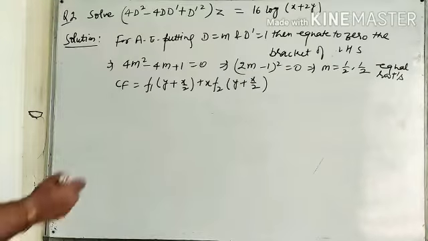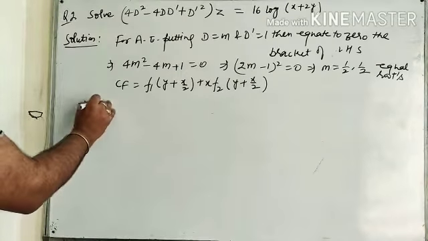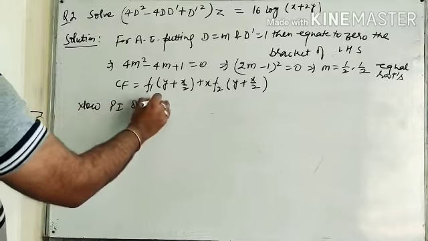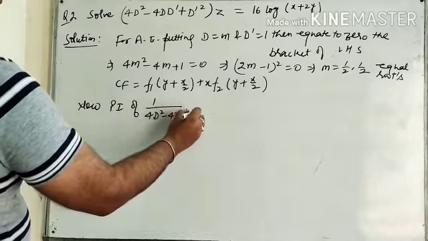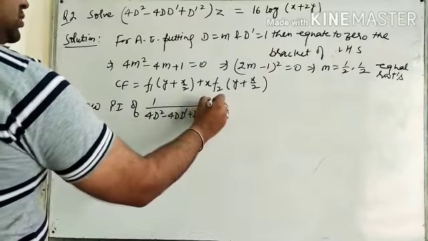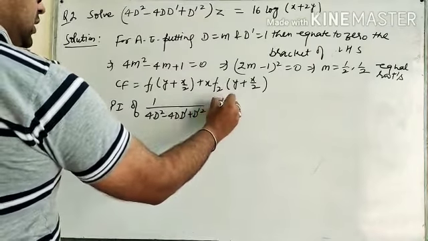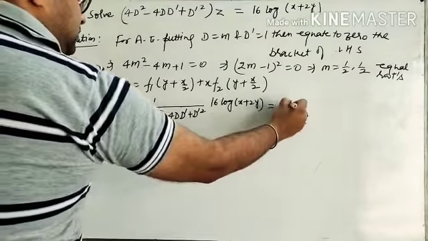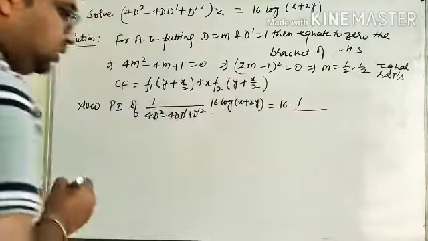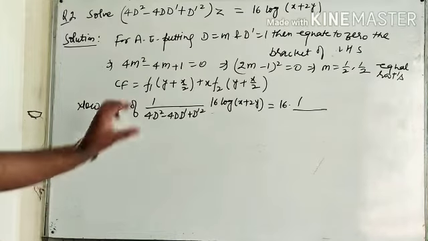Now PI equals 1 upon (4D square minus 4D D dash plus D dash square) of 16 log(x plus 2y). 16 is a constant, so take it outside.